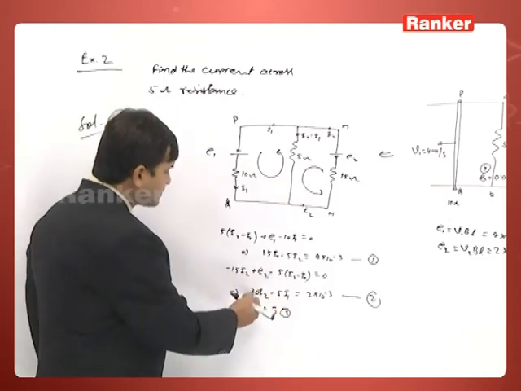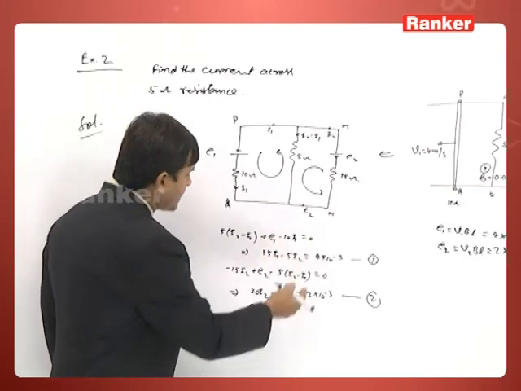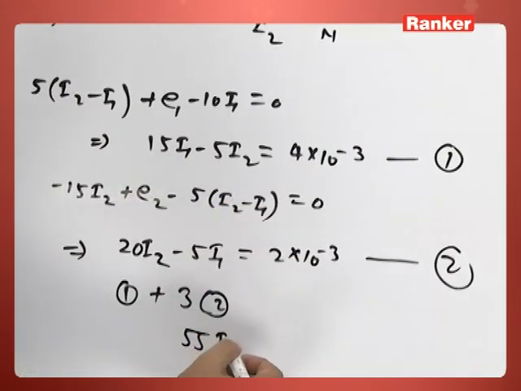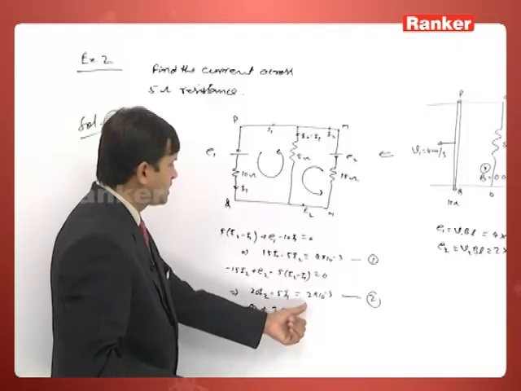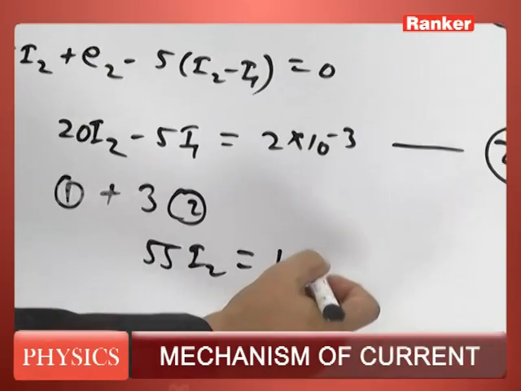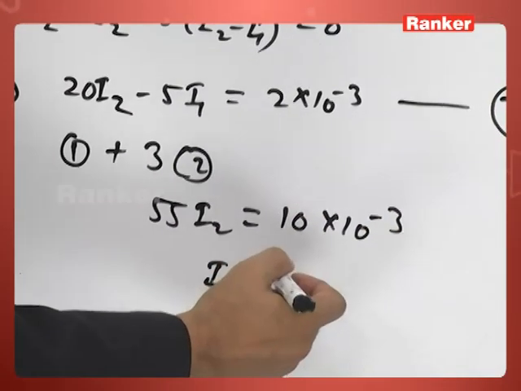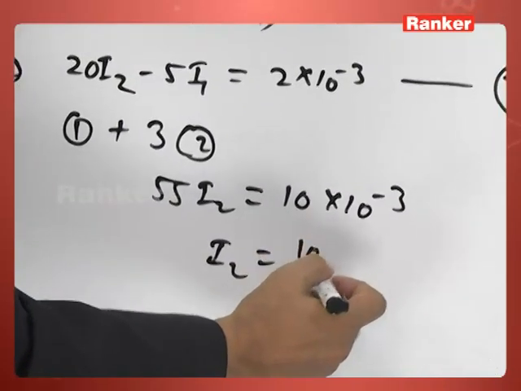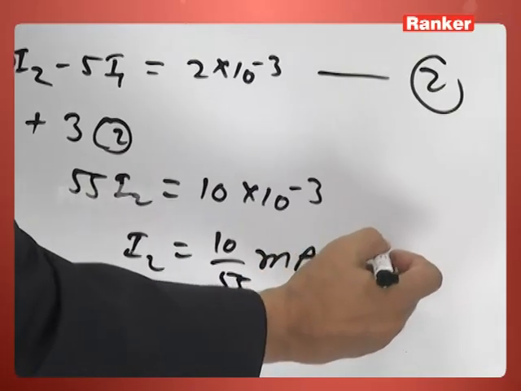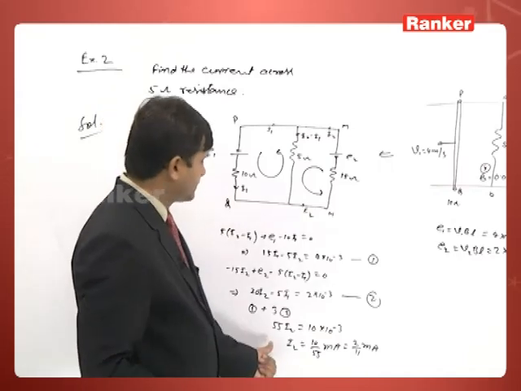So 20 into 3 is 60 I2, minus 5 I2, so 55 I2 is equal to 3 times 2, which is 6, plus 4, 10, into 10 to the power minus 3. So I2 is 10 by 55 milliampere, or 2 by 11 milliampere. This is the value of I2.